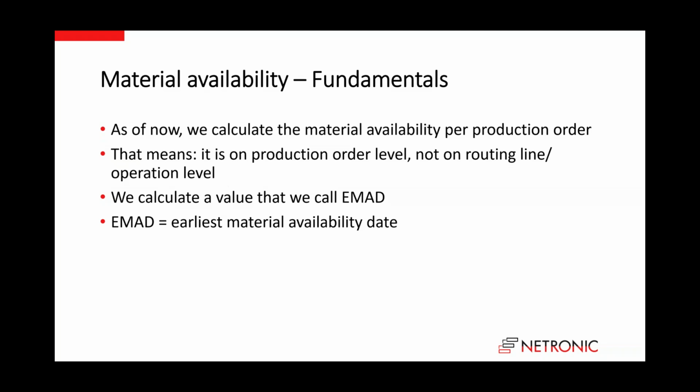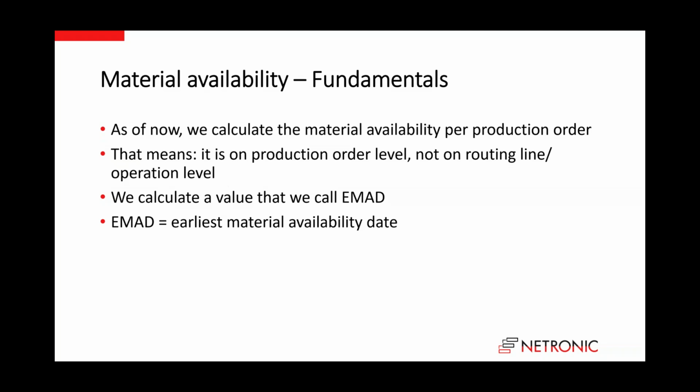Within the VAPS, the product called Visual Advanced Production Scheduler, which is available for all Business Central versions and which you can get as an on-premise version, but is also available on AppSource, we calculate a date that we call earliest material availability date. So this is the earliest date that for a production order all required material is available.